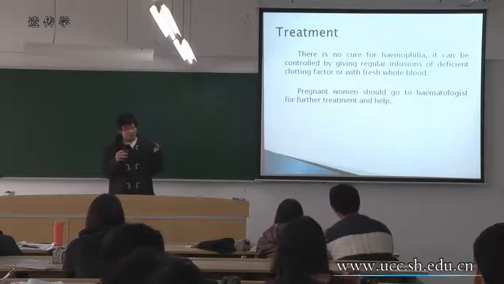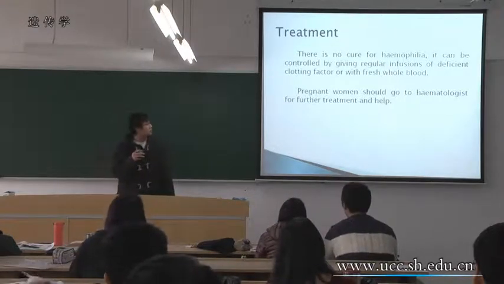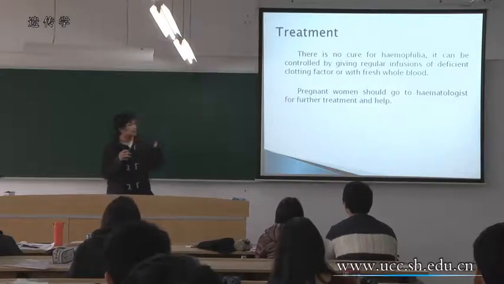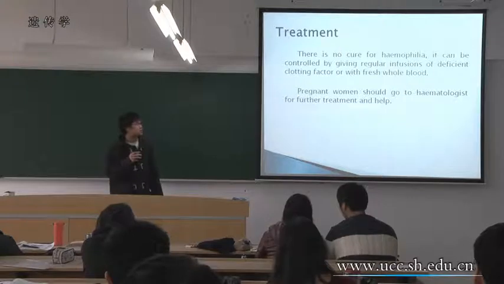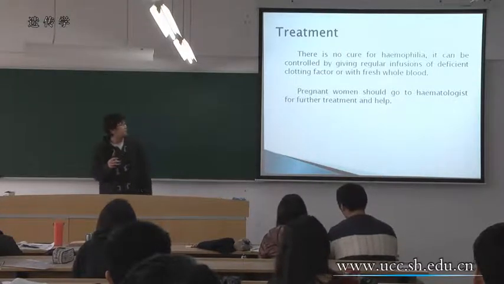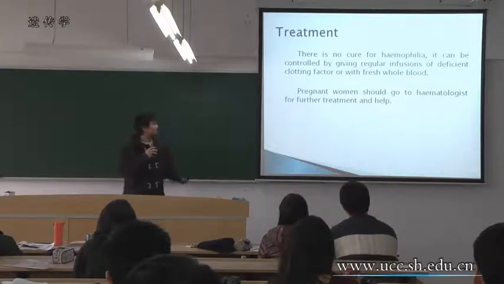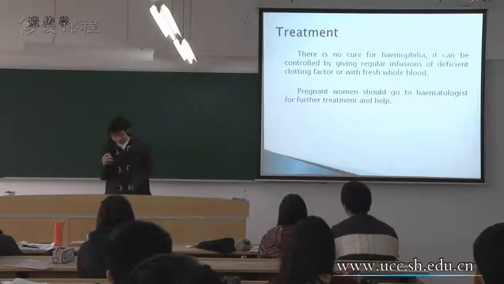There will be a time where your body is fully immune to the clotting factor. So some patients will take recombinant products, such as NovoSeven or recombinant factor 8 or factor 9. It's also still expensive. And pregnant women should go to a hematologist for further treatment and help.